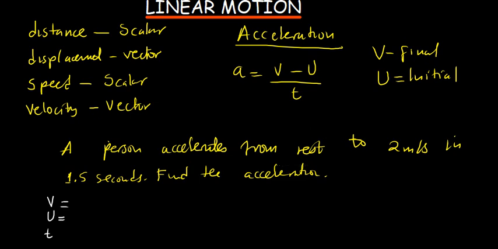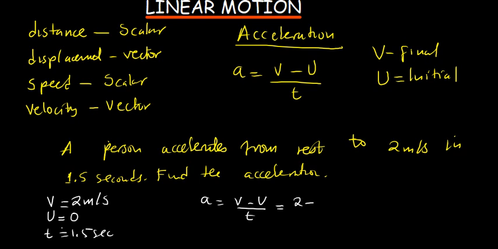So the initial velocity is 0, and then 2 meters per second, meaning that the final velocity is going to be 2 meters per second, and then the time is 1.5 seconds.